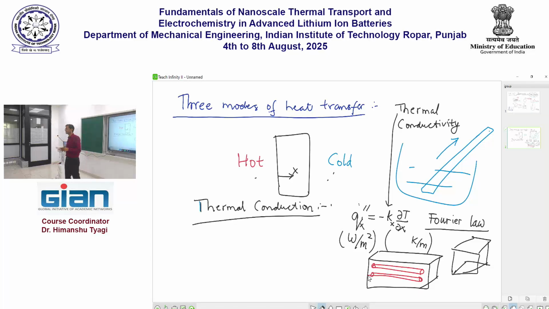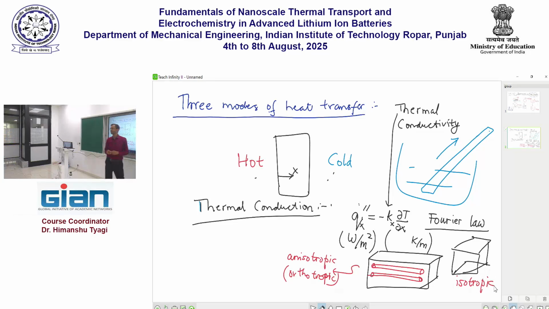So in carbon composites, what we have is that you have carbon fibers embedded inside a matrix of some other plastic or polymer, and in this case, you can clearly expect that heat transfer in the three directions will be different from each other. Along the direction of the carbon fiber, heat will be able to flow very easily, whereas in the other two directions it may not be able to flow that easily. And so in this case, heat transfer will be anisotropic or orthotropic, whereas this, the heat transfer is mostly isotropic.